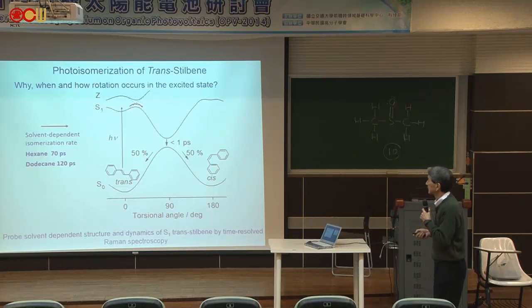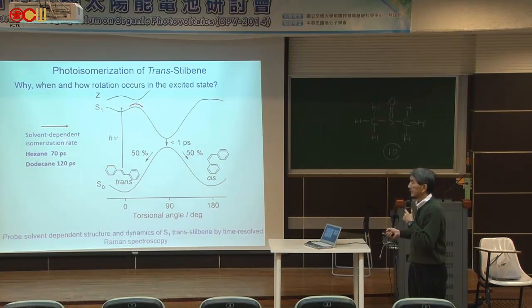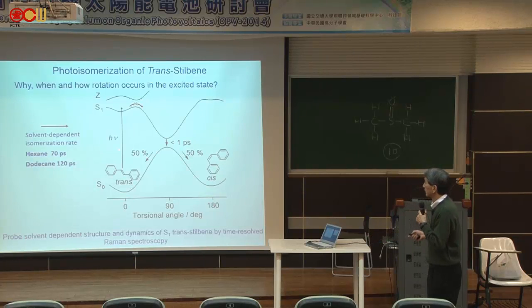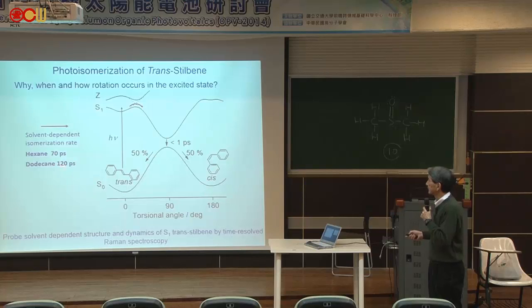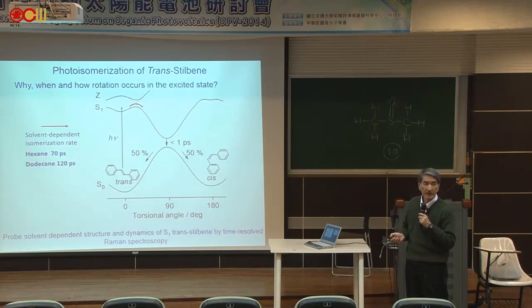It is also very well known that this reaction rate depends very strongly on the solvent. The reaction proceeds in 70 picoseconds in hexane, but in 120 picoseconds in dodecane.